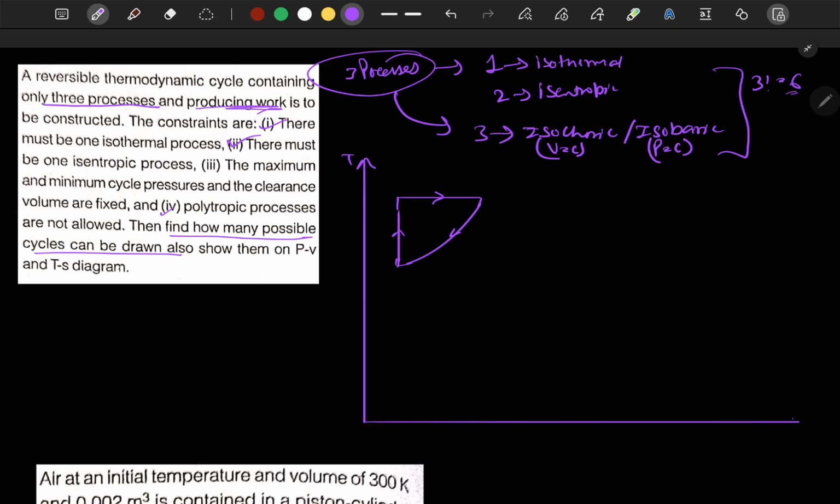So this is the first diagram, where we are considering the constant volume process only. The second diagram, let me draw. This is an isothermal.